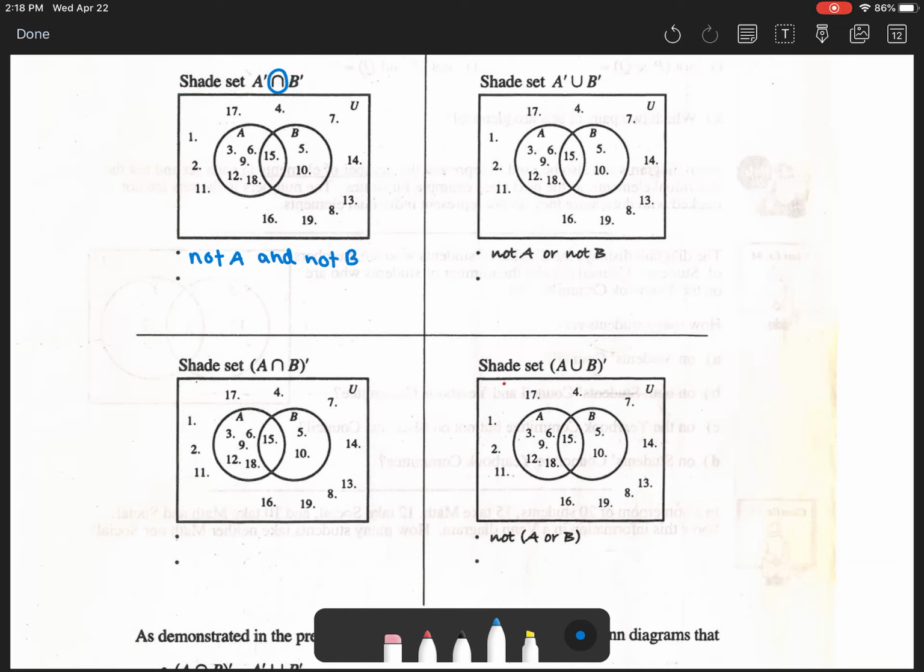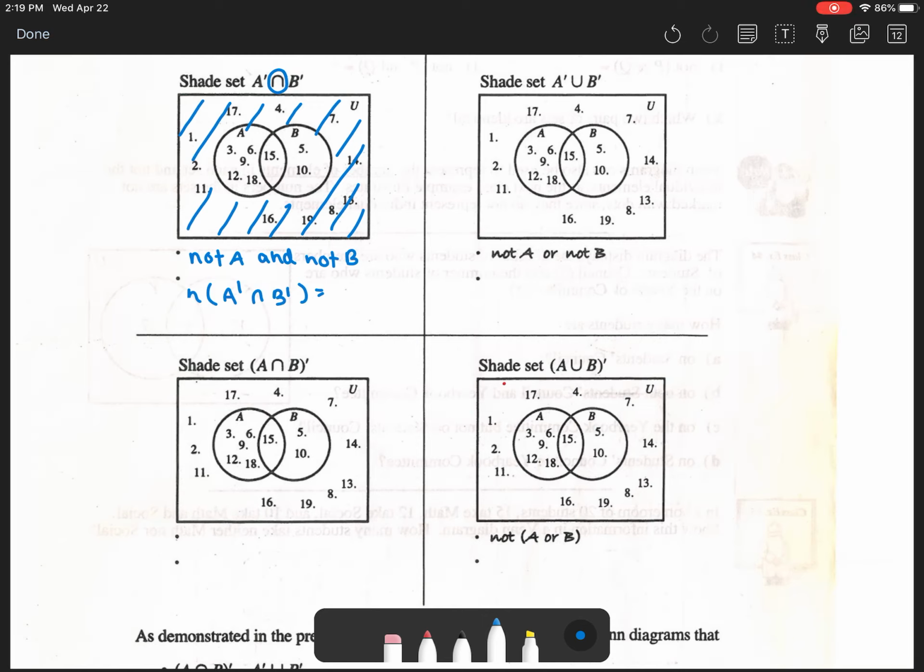Next, this is not A and not B. So there's me writing it out in words or explaining it. Now I want the number of elements in not A and not B. So it has to belong to both not A and not B. So you would shade in your mind not A, then shade not B, and visualize where they overlap.